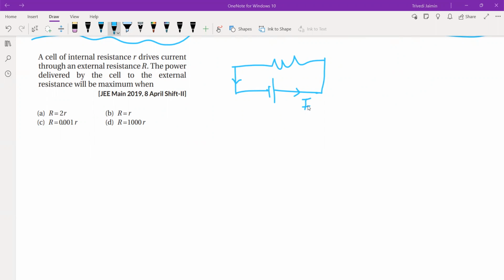okay. So here, the formula for net current is E by R, where R here will be resistance plus internal resistance.